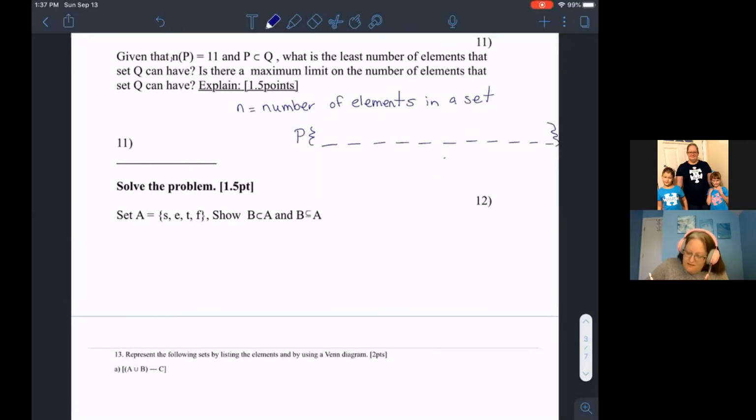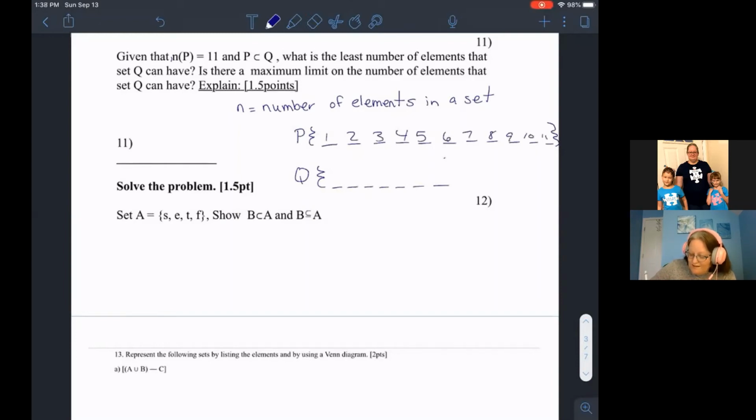And P is a subset of Q. So then we have Q. That means Q has to have all the elements of P in it, at least. So that would be 1, 2, 3, 4, 5, 6, 7, 8, 9, 10, and 11.